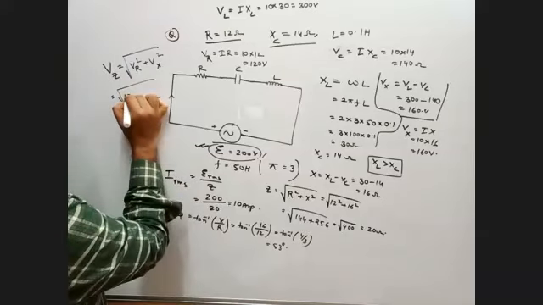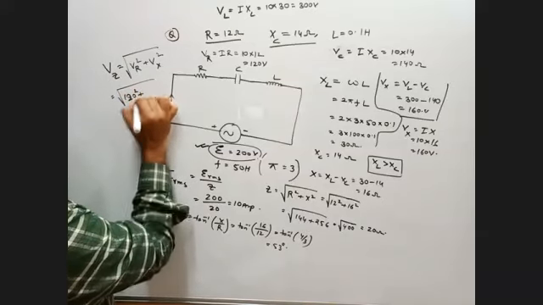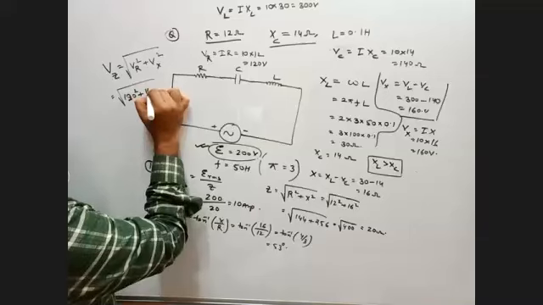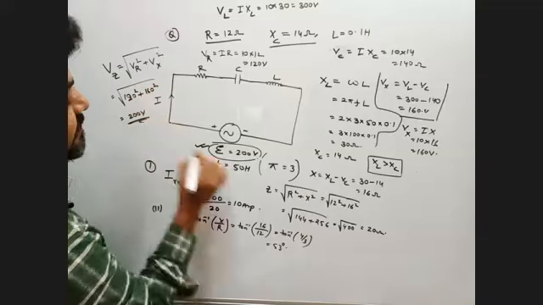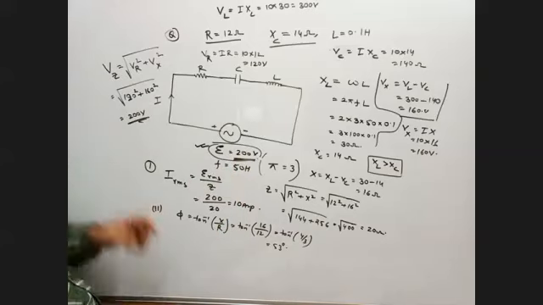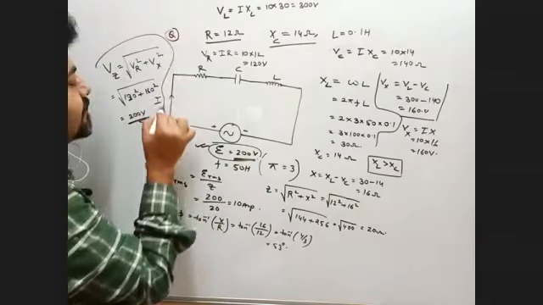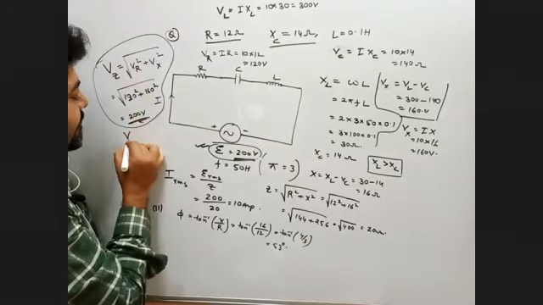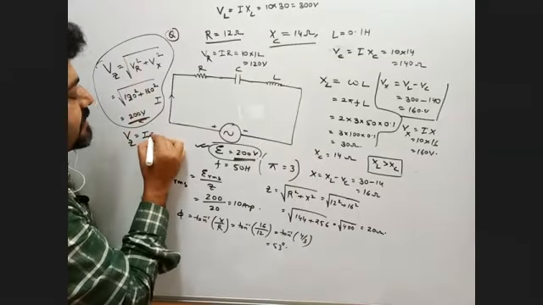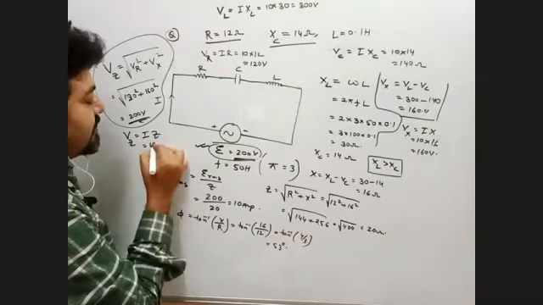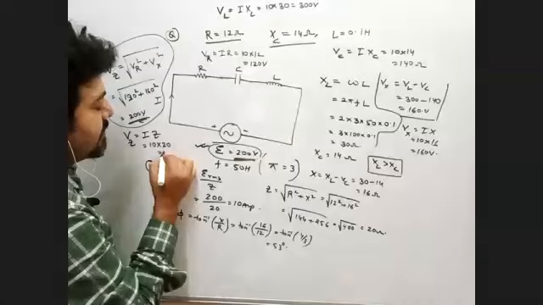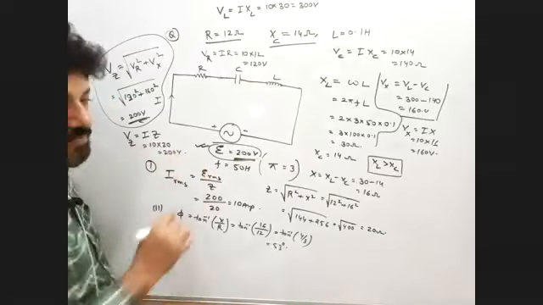So you write 120 square plus 160 square, so that is 200 volt. See, this value and this value are exactly the same. Or you can find this value as total current into Z. You already found Z, so 10 into 20, that is 200 volt.